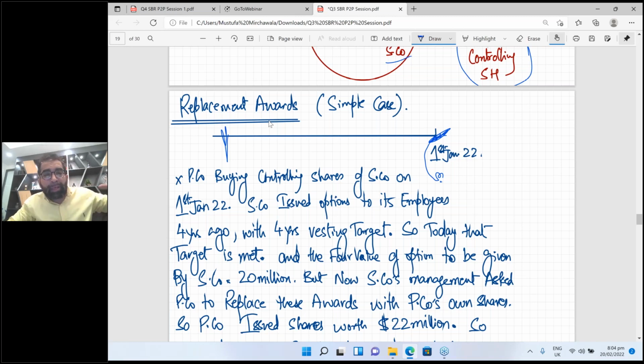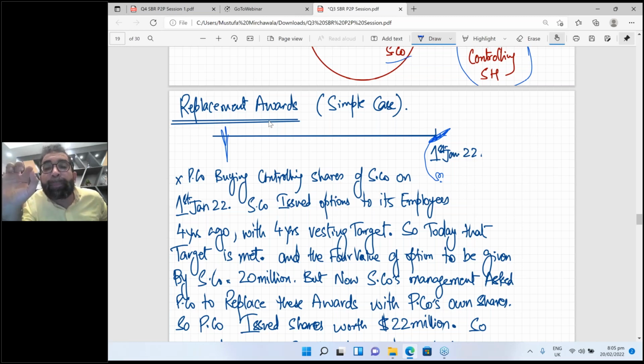But when the parent company offered this takeover deal, S company management told the parent company that we will sell you our controlling shares on one condition: you give shares to our employees as well. Means whatever shares S company had to give to their own employees, now the parent company will give.